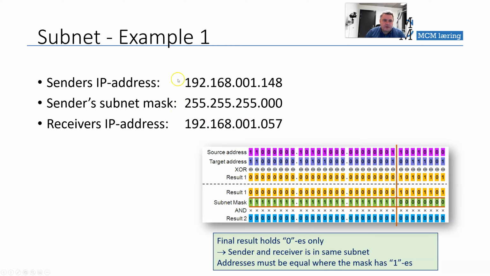Now the sender's subnet mask, in this case 255.255.255.0, translates to 255 only ones, 255 another set of ones, 255 a third set of ones, and 0, 8 zeros. Now the source and the target have to be equal where the subnet mask has ones, and they are. We can check bit by bit that they are the same. They may differ in the area where the subnet mask has zeros, and they do.